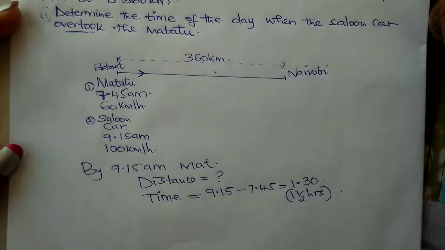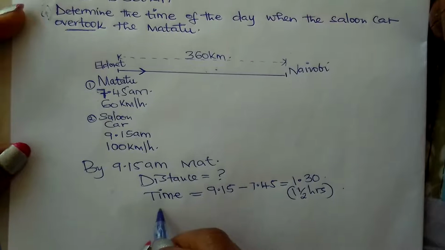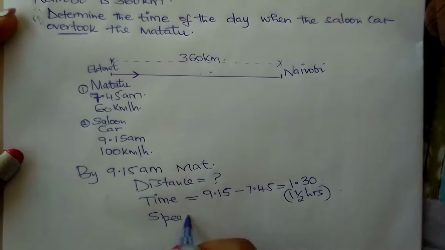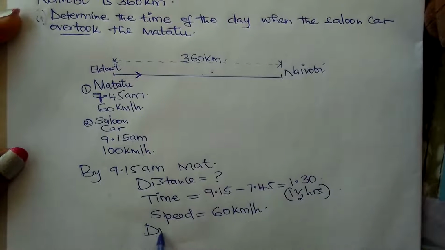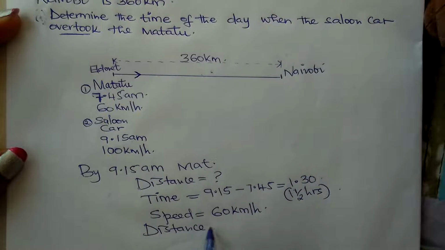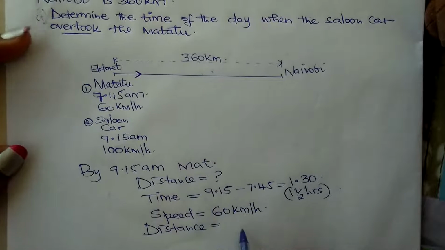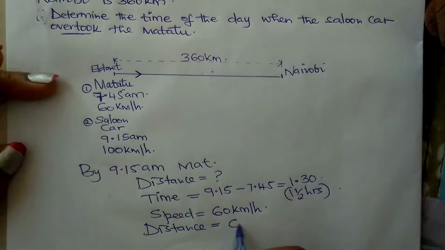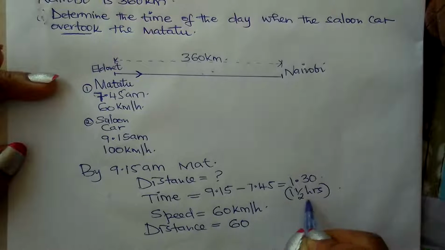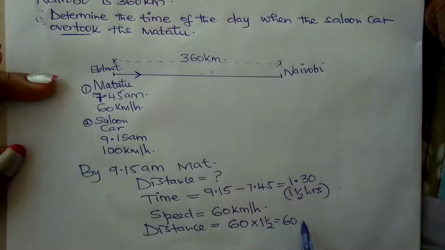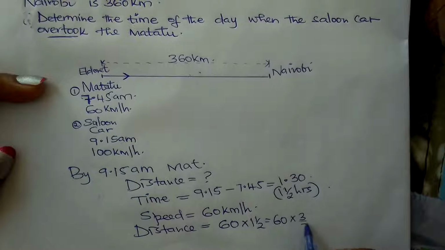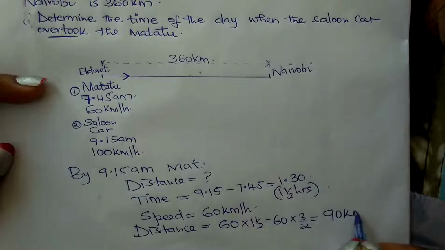Then, learners, the matatu is traveling at what speed? The matatu is traveling at 60 kilometers per hour. And therefore, the distance covered by this matatu before the saloon car leaves Eldoret will be the speed times the time. This is 60 times 3/2, which gives you 90 kilometers.